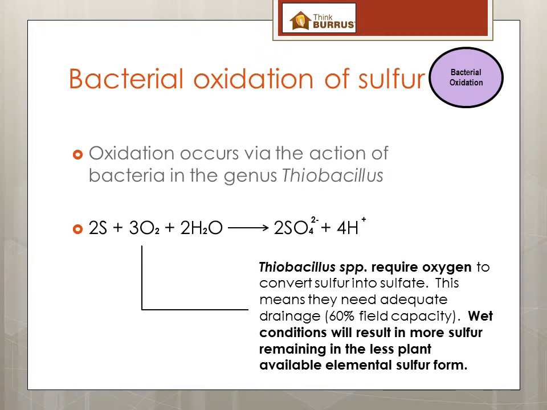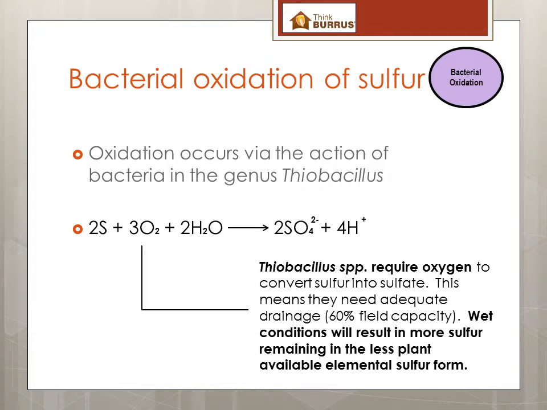We could just leave it there if we wanted to, but we're not going to do that. I want to go a little bit deeper into this topic of bacterial oxidation of sulfur. So as we mineralize, as we release sulfur, and bacterial oxidation occurs to make that sulfur transform into a plant available form, into this form we call sulfate, I want to talk about that just a little bit.